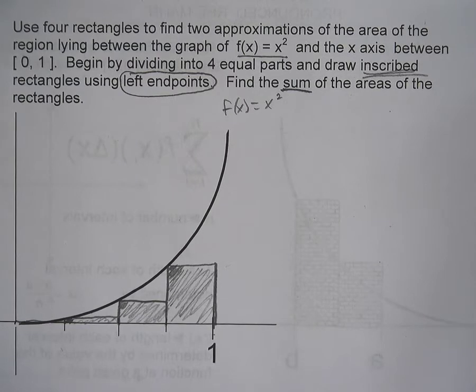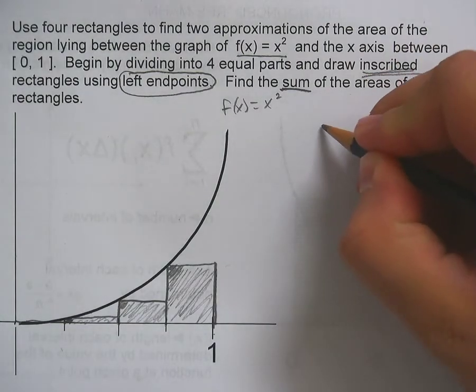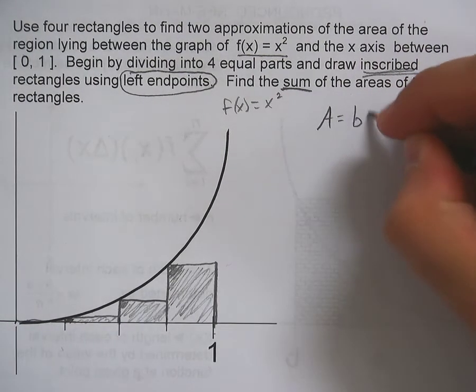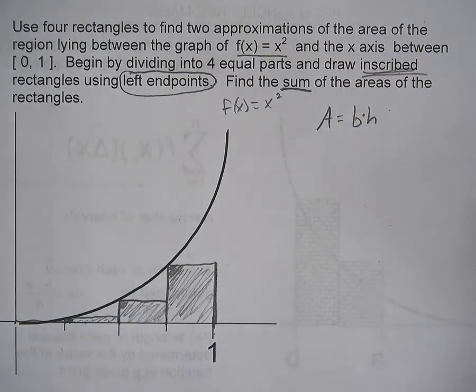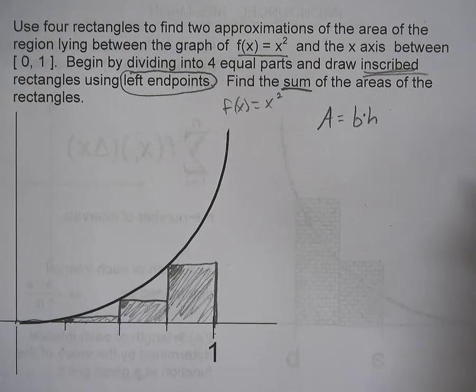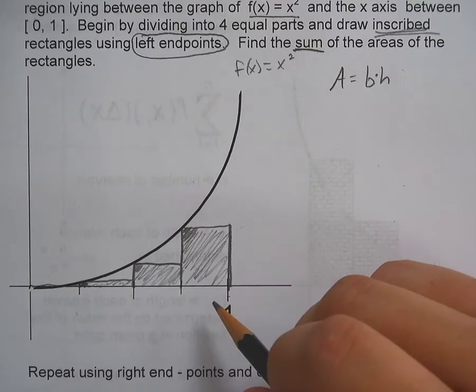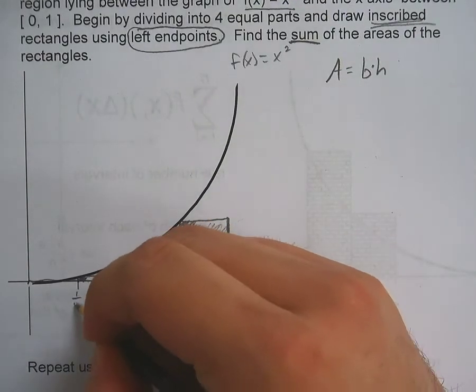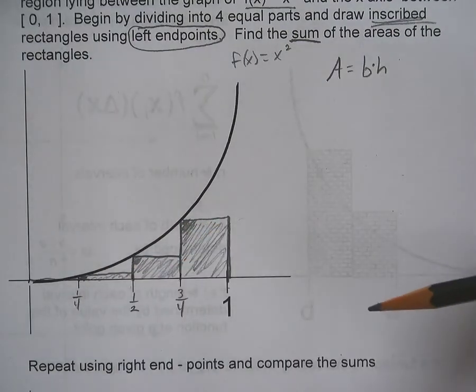Think about the formula for the area of a rectangle first. The formula for area of a rectangle is base times height. In this case, how big is each of my bases? They're all 1/4 apiece. All of your rectangles have a base of 1/4.